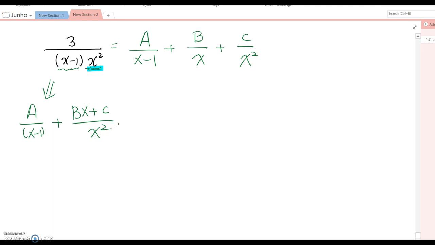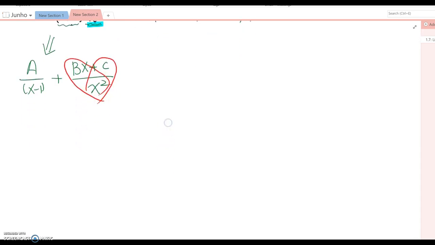But when you solve the problem, if the variable is located in both the numerator and denominator, then the calculation is much more complicated. So we had better break this fraction using the breaking heart rule. Then this becomes a over x minus 1 plus bx over x squared plus c over x squared.